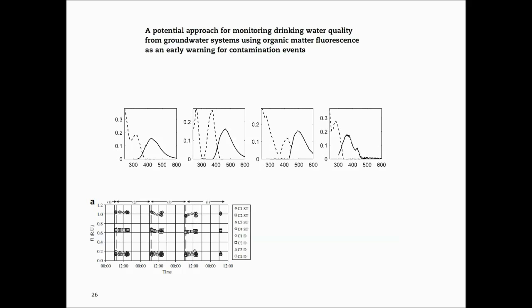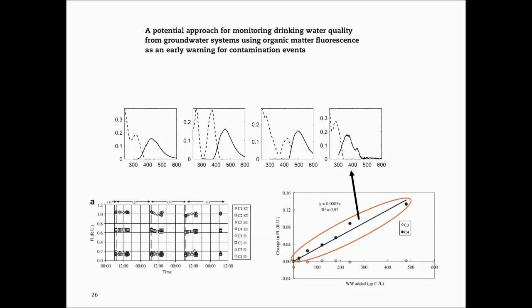There was not really a lot of variability here, so that's good news because it means the distribution network's rather stable. But in case contamination events happen, that might qualify organic matter fluorescence to be a sensitive tracer to these events. And this is exactly what they found. They found that the component 4, here highlighted in red in their ParaFAC model, was significantly correlated to the amount of wastewater that was added in an artificial experiment that simulated a contamination event.